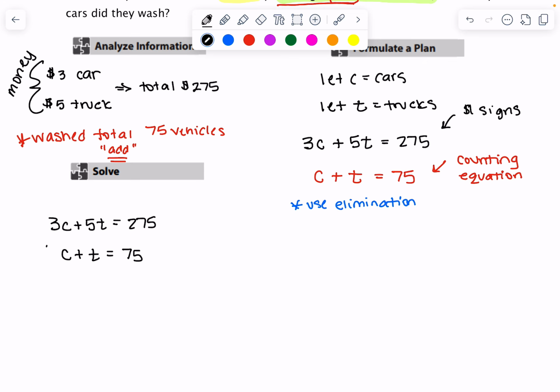And I'm going to go ahead and multiply this bottom equation by -3. When I do this, the top equation stays the same. But the bottom equation is -3c minus 3t equals -225.